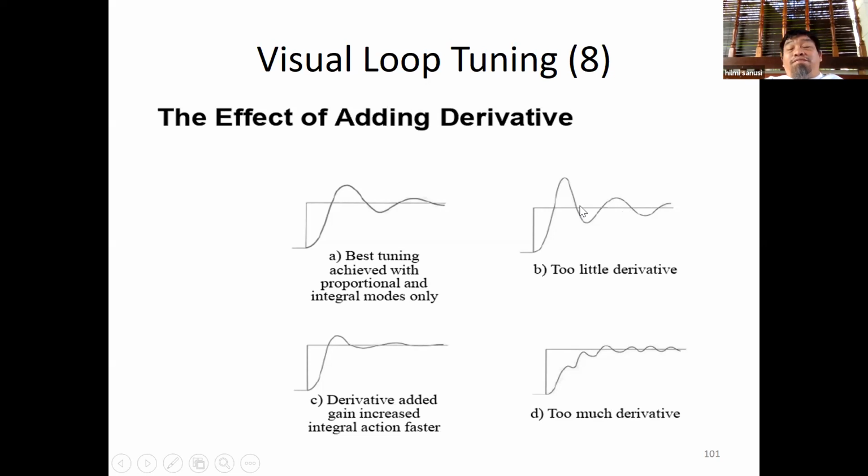Period increase, dia punya peak time dia pun increase. MP dia, magnitude of peak also increase. Kalau you add jadi macam ini, added to the increase integral. So kalau macam ini, you increase integral so that dia jadi macam ni. Kalau too much derivatives, it will be like this.